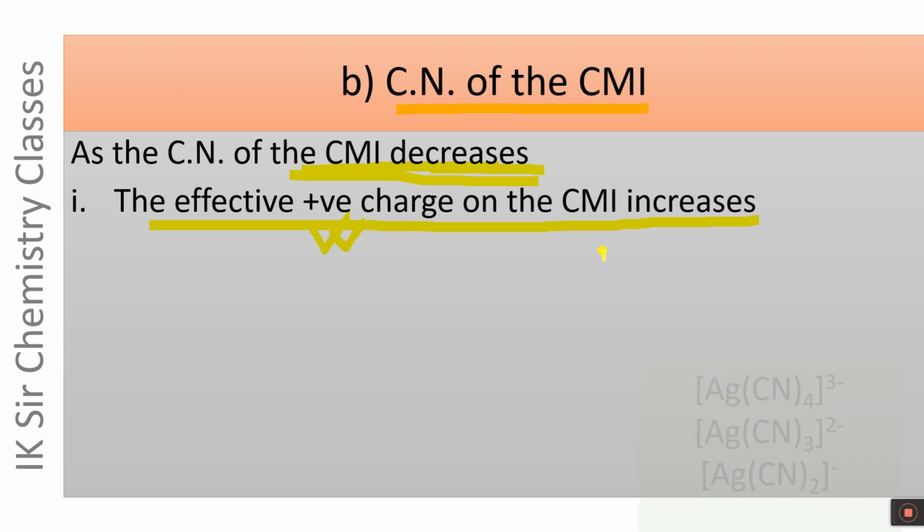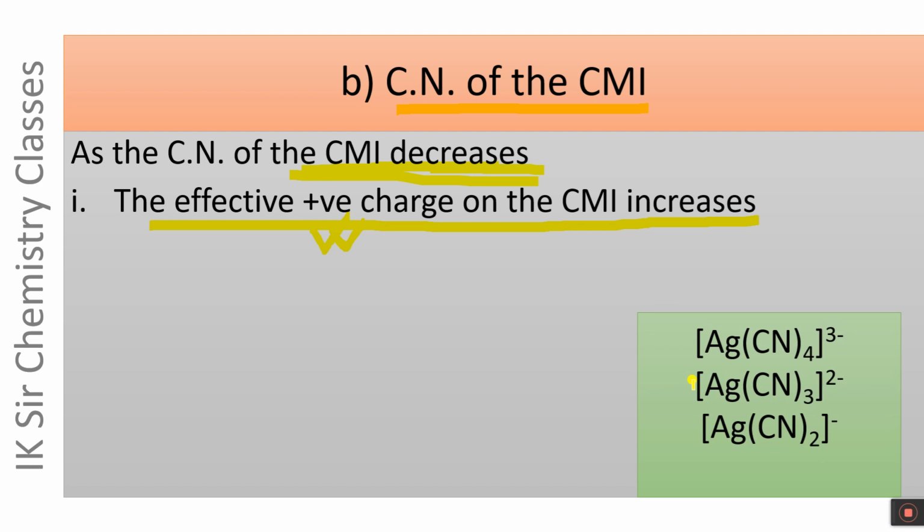Let us see an example. In these complexes, the coordination number is decreasing. The coordination number of Ag plus is 4, then 3, and in this complex the coordination number of Ag plus is 2. The coordination number is decreasing, 4, 3, 2. As a result, the net effective positive charge on the CMI will increase.